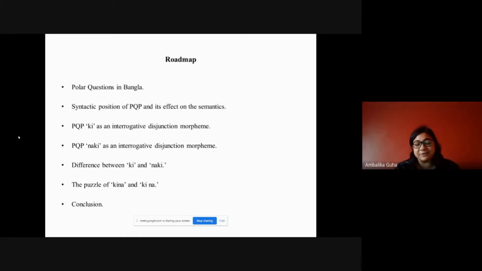And then we'll discuss some differences between these two particles. And at the end, we will discuss a problem regarding another polar question particle, skina, which has also been well worked on in the literature.